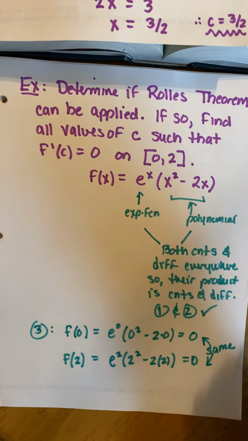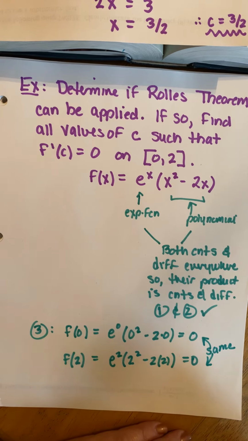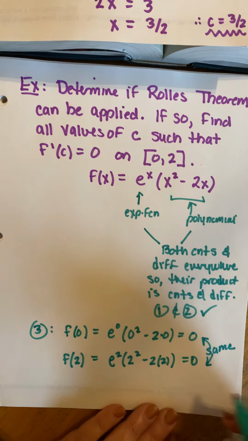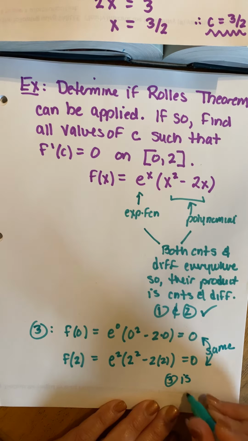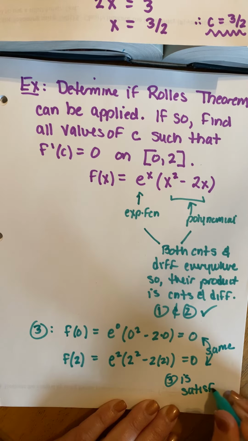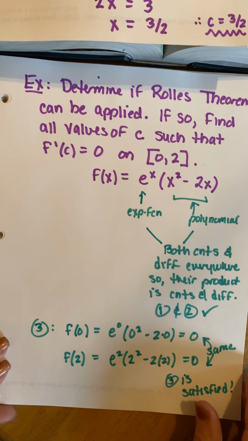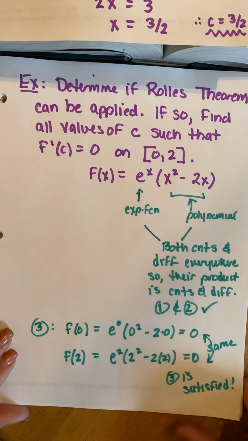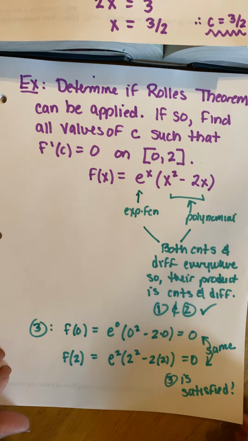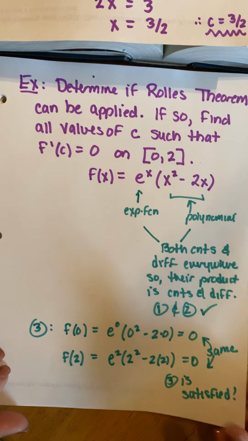I could put plus 6 on the end here, and we would get each of them have an output of 6. So 3 is satisfied. So the output at the endpoints has to be the same. It doesn't have to be 0, but it does have to be the same. So now, by Rolle's theorem, we are guaranteed that there is a number between 0 and 2 where the derivative is equal to 0.